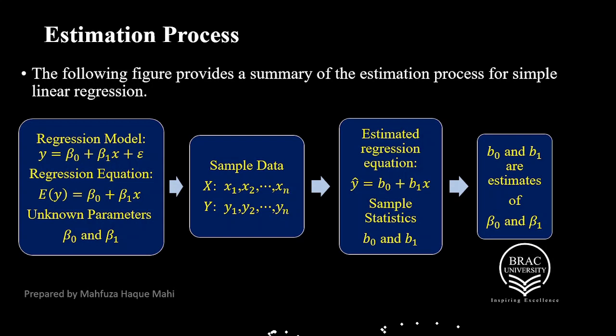To estimate these parameters, we have to collect data from our sample, the values of the dependent and independent variable. After collecting data, we have our estimated regression equation, which is y hat equals b0 plus b1 x, where b0 and b1 are the sample statistics, and we can calculate b0 and b1 from the sample data and put these values in the estimated regression equation. b0 and b1 are the estimates of beta 0 and beta 1.